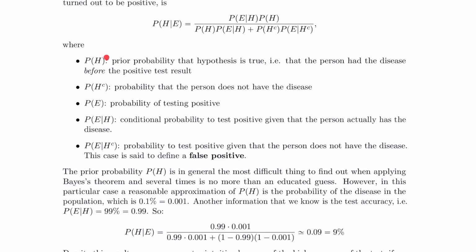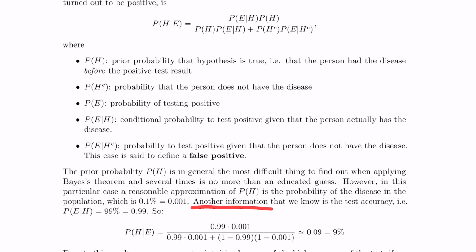In general, the prior probability P of H is the most difficult one to find. In many cases, P of H is nothing more than an educated guess. However, in this particular case, a reasonable approximation of P of H is the probability of the disease in the whole population, which we know is 0.1%, that is 0.001.